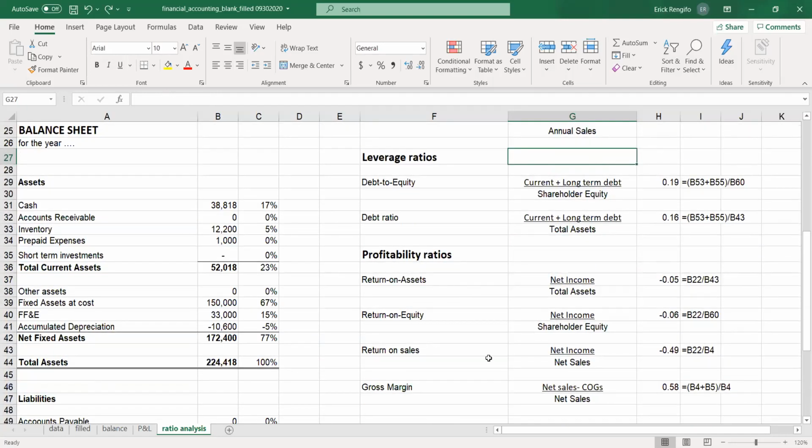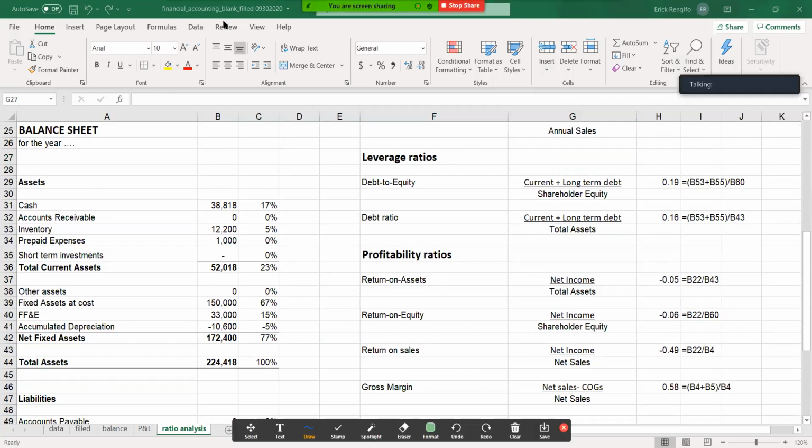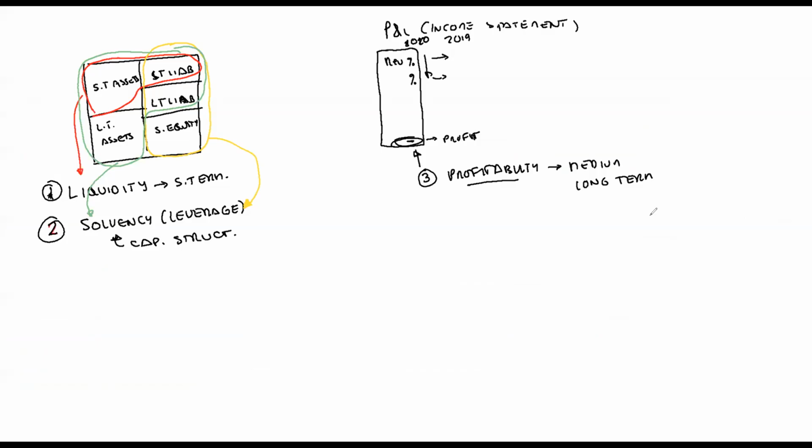Now let's go to profitability ratios. Well, one of them is return on sales. Basically, what I compare is my profits with my revenues or sales.